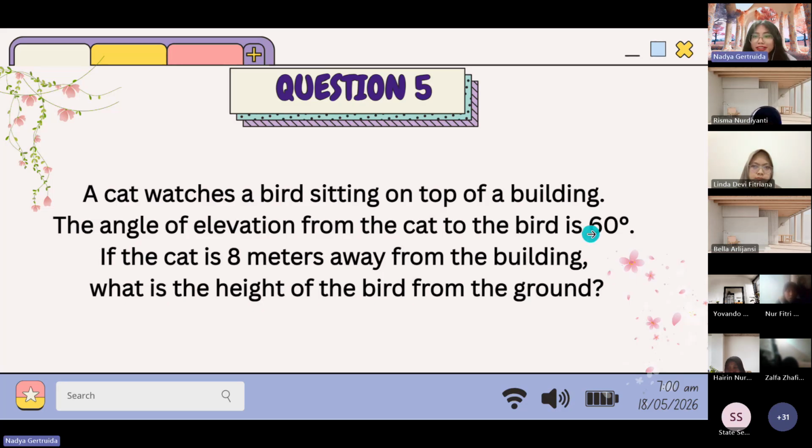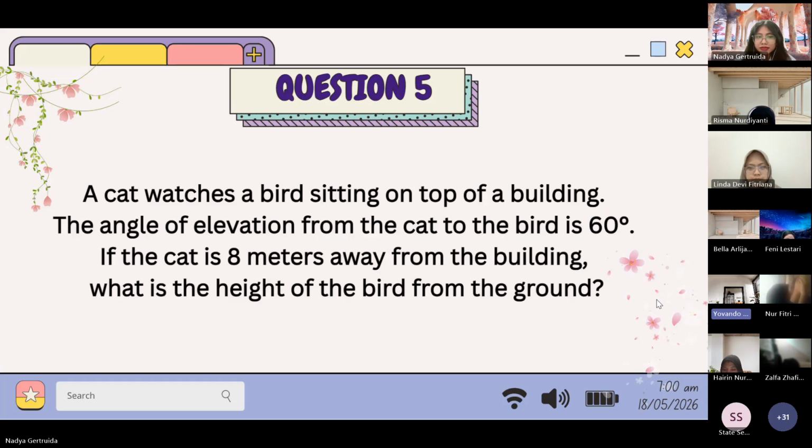Okay, there is Yovando. Please give your answer, Yovan. My answer is 8 multiplied by the root of 3. Can you explain first how you found that answer? I use the sine rule.